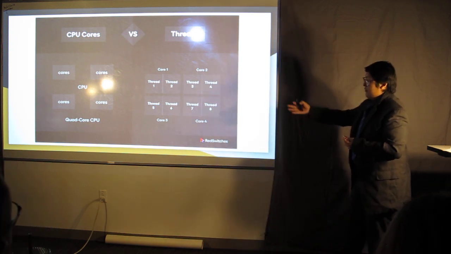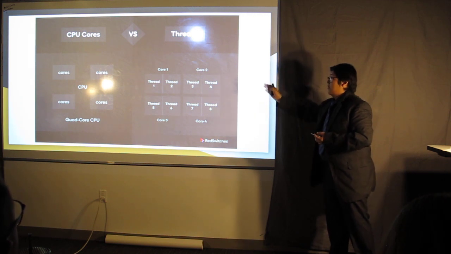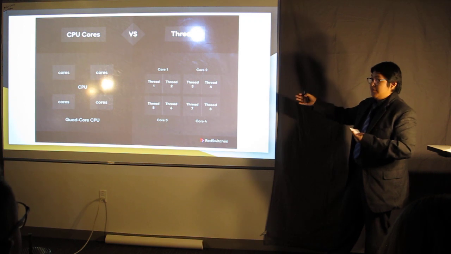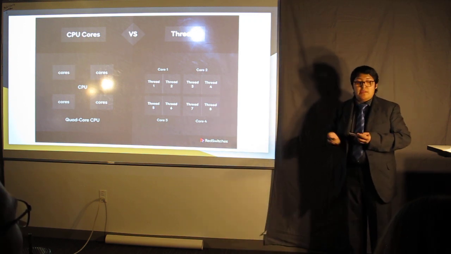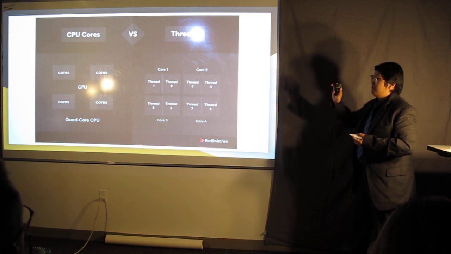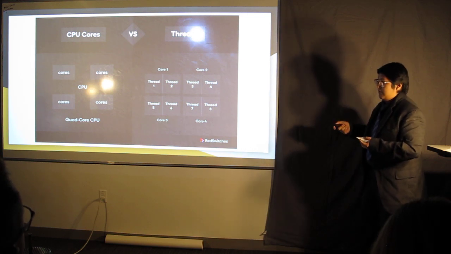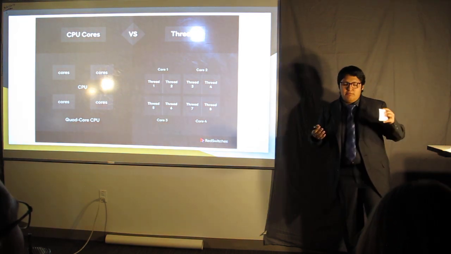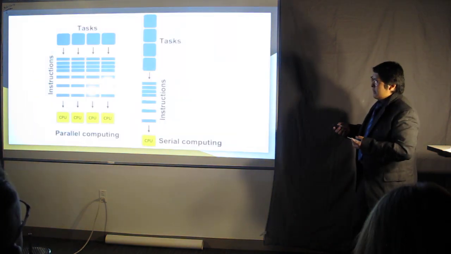And so here we have a quad-core CPU. Each core has its individual threads, and those threads work to help the core do its job. And that's how simultaneous multithreading works for multi-core CPUs, which they only work for multi-core CPUs since that's the more modern technology we have now.